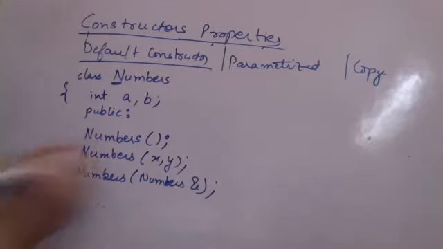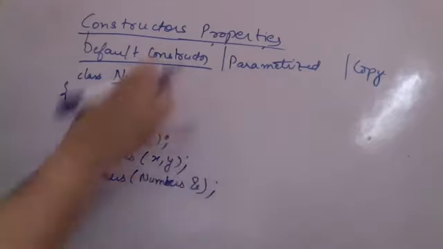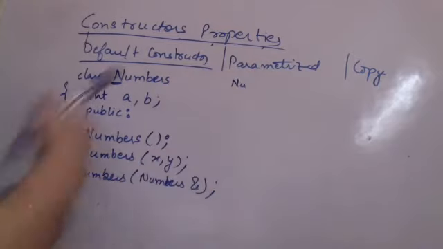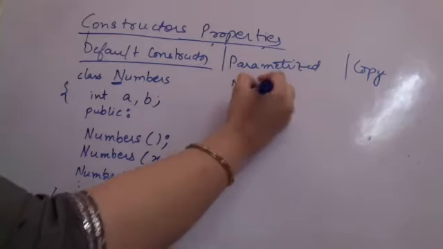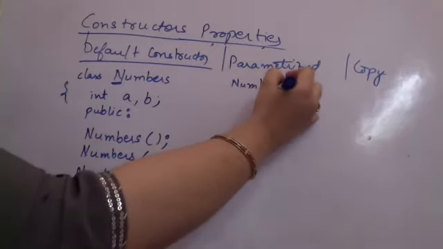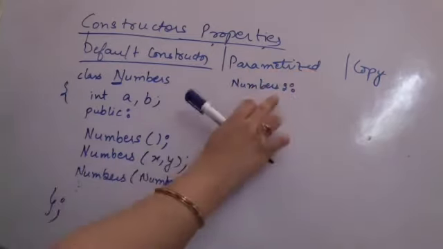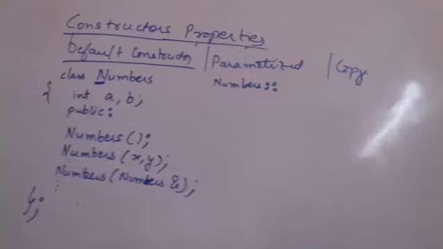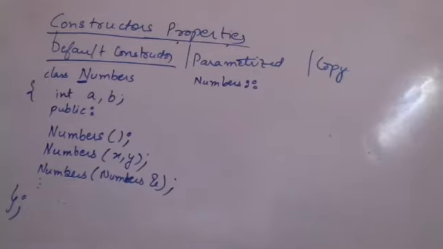So after I define these, since I'm going to define them outside my class, I'm using Numbers again with the same scope resolution operator that we use for defining functions outside the class, which are not inline functions.